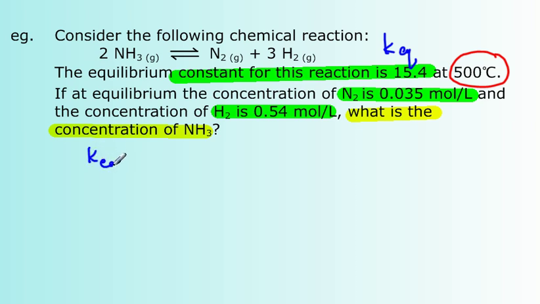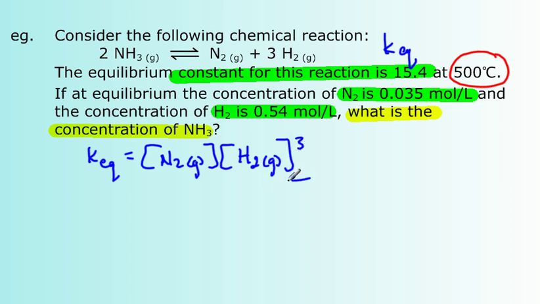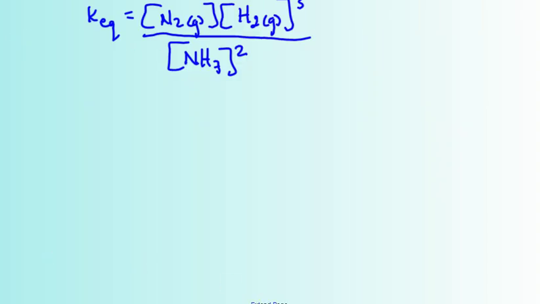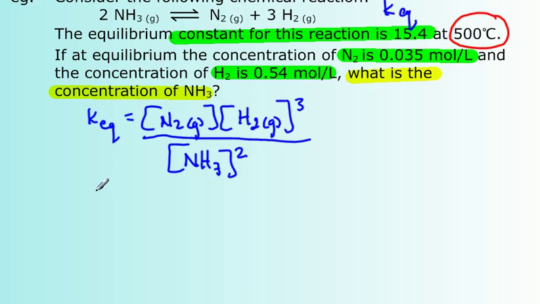So let's write an equilibrium constant expression. Concentration of nitrogen gas times the concentration of hydrogen gas cubed divided by the concentration of ammonia squared. And we can substitute in the values that we've been given.